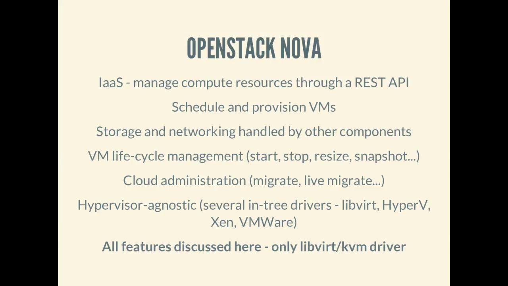So a little bit about OpenStack Nova itself. It's the infrastructure as a service project in the OpenStack ecosystem. It's supposed to let you manage compute resources through a REST HTTP API.